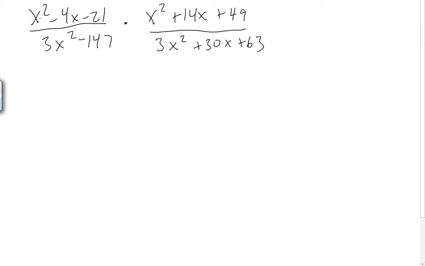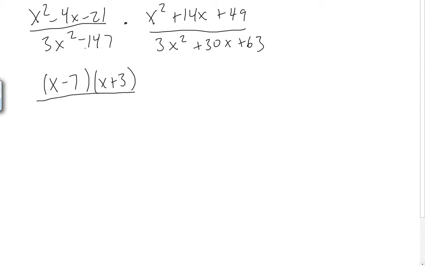In the first case, x squared minus 4x minus 21, a is 1. So I can just factor, asking myself what two numbers multiply to negative 21 and add up to negative 4. It should be negative 7 and positive 3. So the numerator on the left factors to be x minus 7, x plus 3. They multiply to negative 21 and add to negative 4.